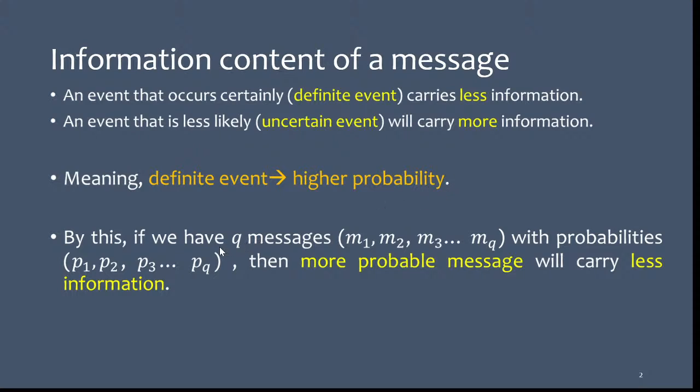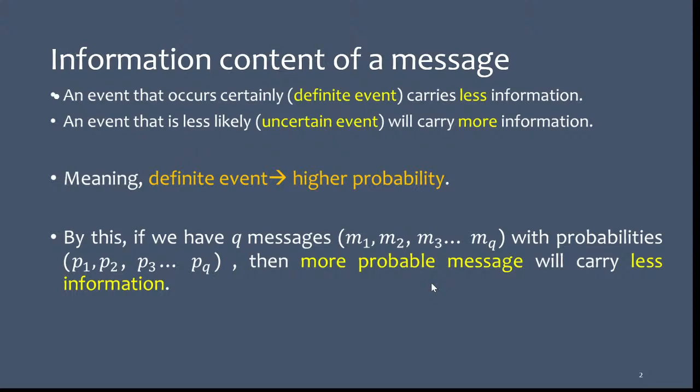In general, if we have Q messages, M1, M2, M3 and so on up to MQ, having varying probabilities such as P1, P2, P3, up to PQ, then the more probable message will carry less information. This is the general theory.